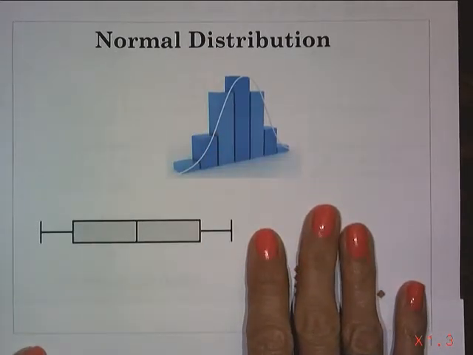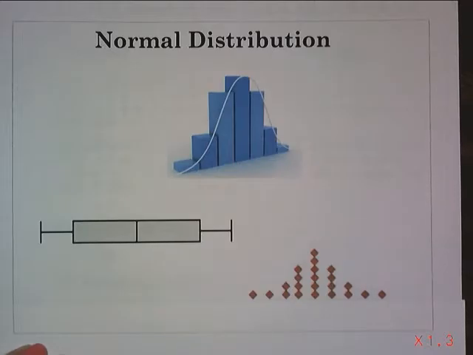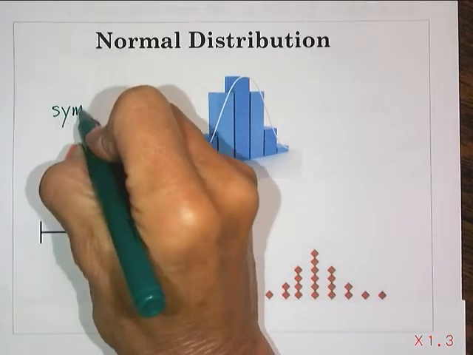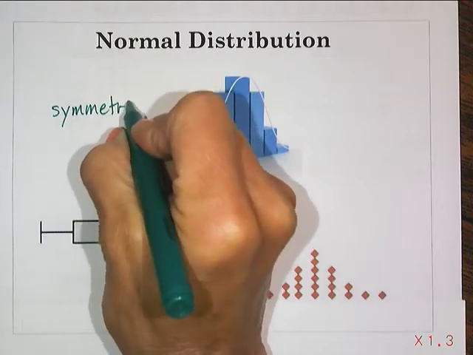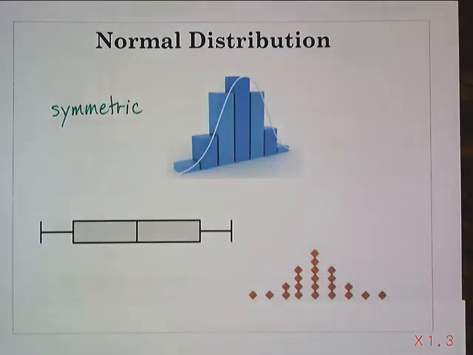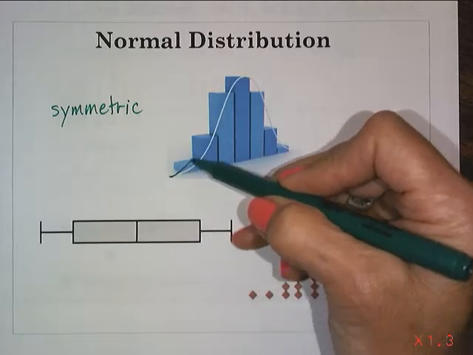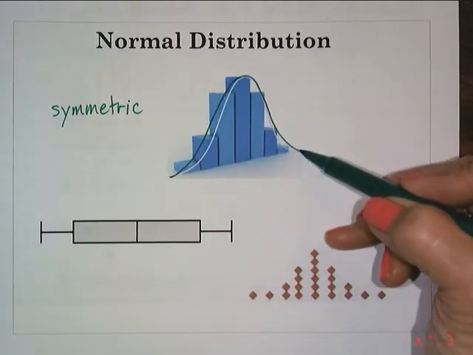Normal distribution means everything is symmetric. So I'm going to write that word down. Symmetric with respect to the shape. So if I'm looking at bar graphs, we're going to see kind of this general bell-shaped curve.